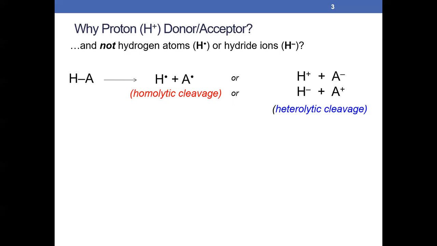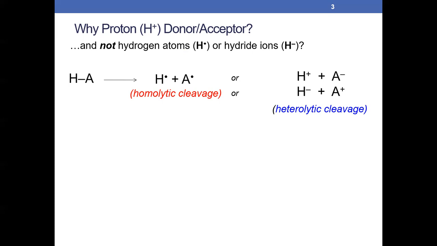Technically, you could think about breaking this bond in two different ways. One way is what we call homolytic cleavage, where we give one electron to our hydrogen and one electron to the rest of our acid. Or we could do heterolytic cleavage, where we donate either both electrons to the rest of our acid or both electrons to our hydrogen.